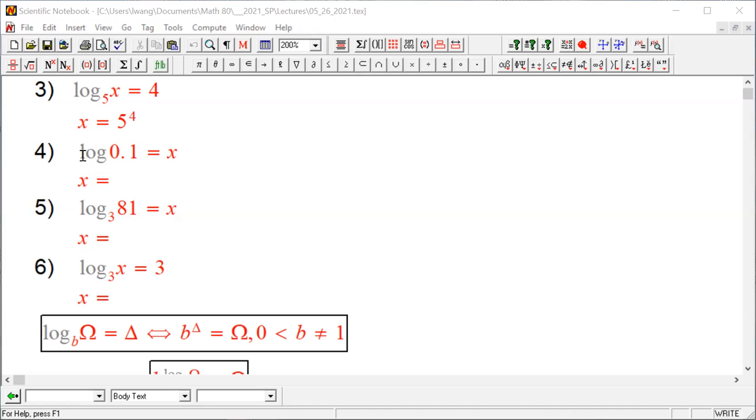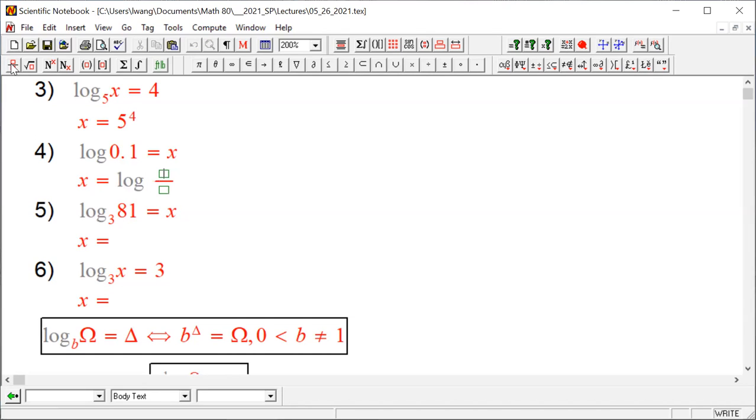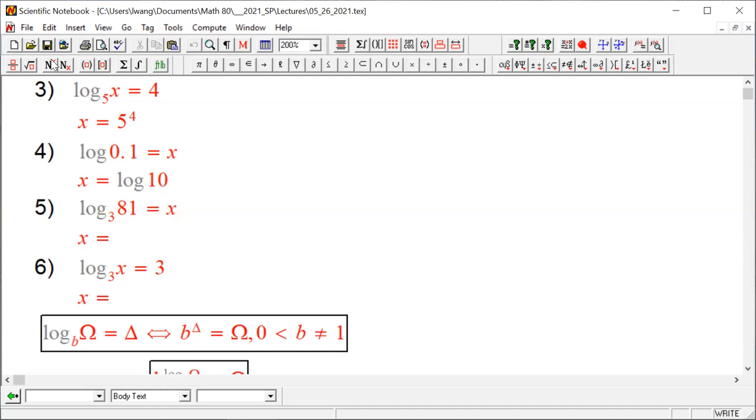Well, in this case, x is just log base 10, common log, and 0.1 is really 1 over 10. 1 over 10 is 10 to the power negative 1. Therefore, this equals negative 1.